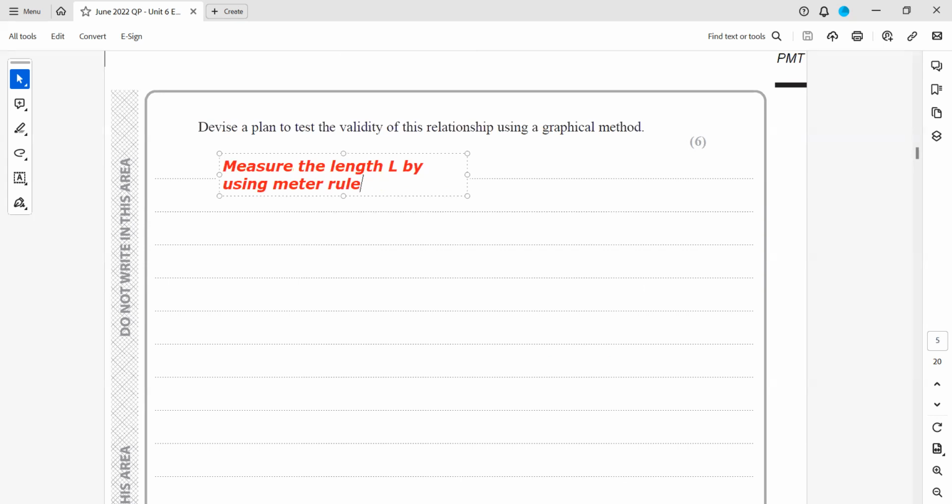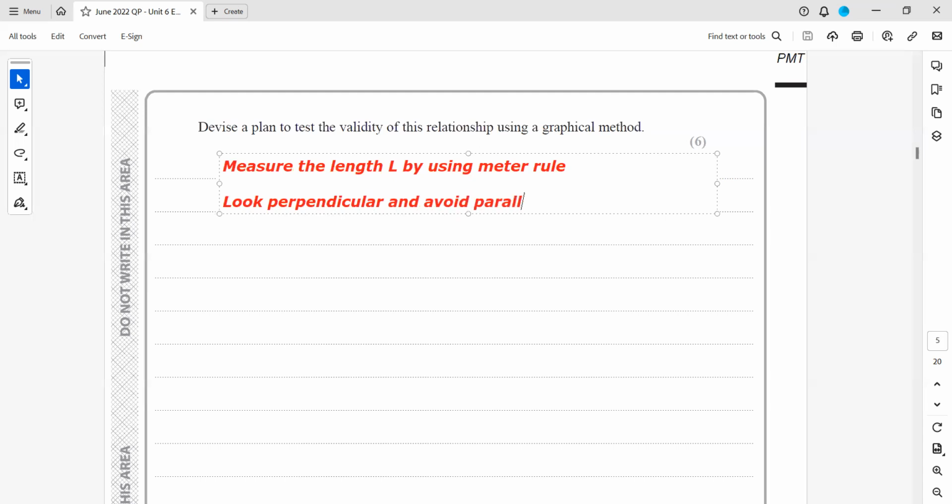So measure the length L by using a meter rule or a meter scale. Then we should look perpendicular and avoid a parallax error. Look perpendicular to avoid a parallax error. And you can also use a set square.